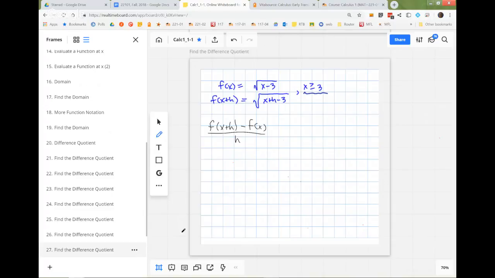Okay, what is f of x plus h? Would you agree with what I did up above there? Yeah, just plug in an x plus h where there was an x. So let's plug that in. That's the f of x plus h. Now from that, subtract the original function.